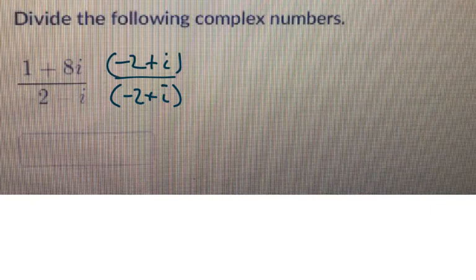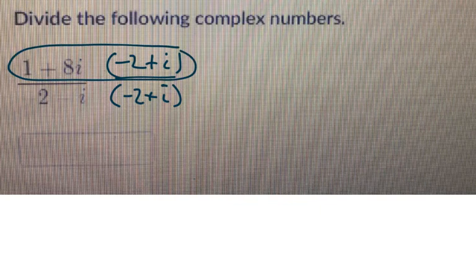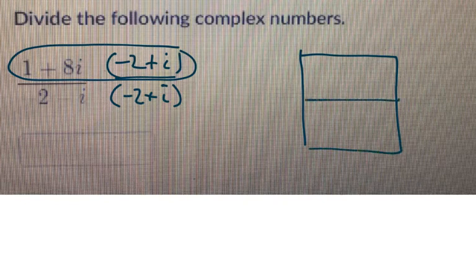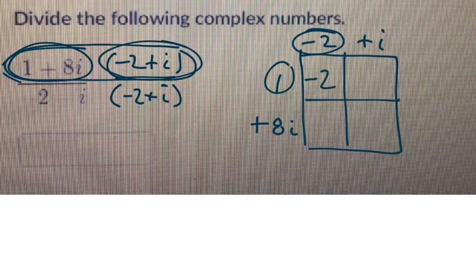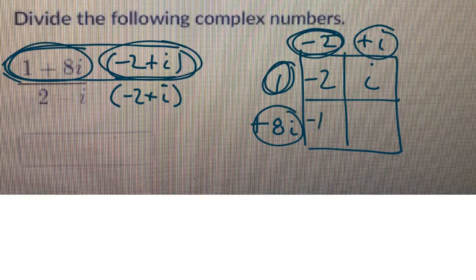So, let's go ahead and do the top. I'll use area model here. We're going to do 1 plus 8i. That's what that is right there. We're going to times it with -2 plus i, which is the conjugate, right? Let's see here. -2 times 1 is -2. i times 1 is i. -2 times 8i is -16i.